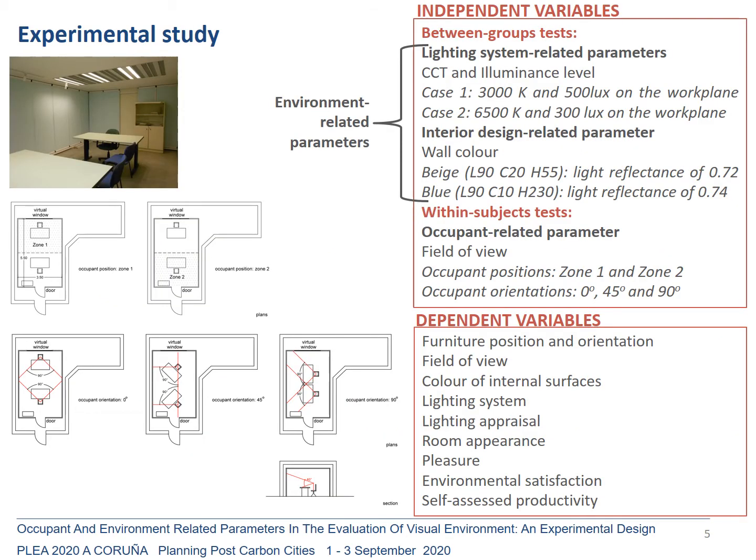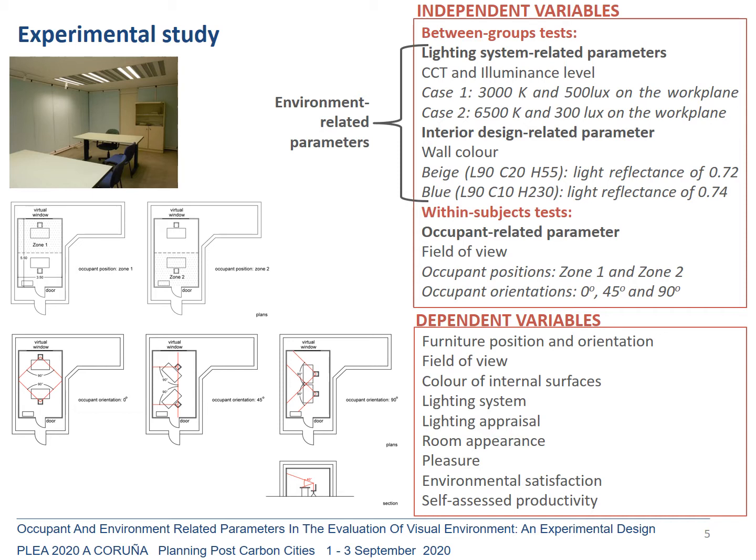So the experimental study has been carried out in a full-scale test room with an office function in a lighting laboratory with no daylight. The experiment has been carried out as between group tests and within subject tests. In the between group tests, environment-related parameters were investigated as the independent variables.